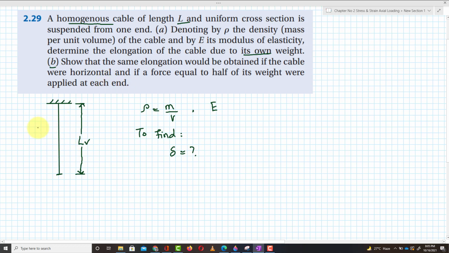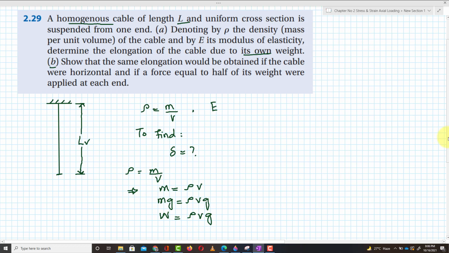As we know, this is the length of the beam. If we consider density equal to mass per unit volume, then the mass will be equal to rho into V, and if we multiply g on both sides of this equation, then mg is equal to rho V into g, and this mg is the weight of the cable. Now V is the volume of this cable.